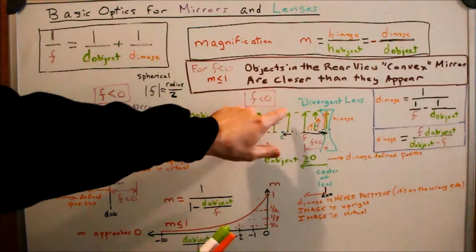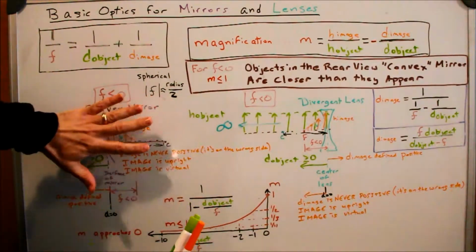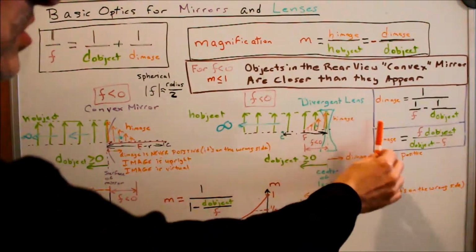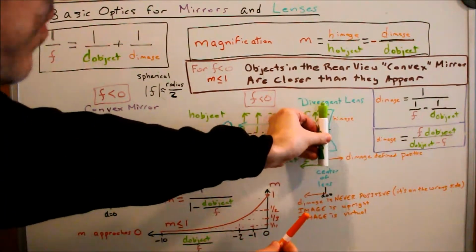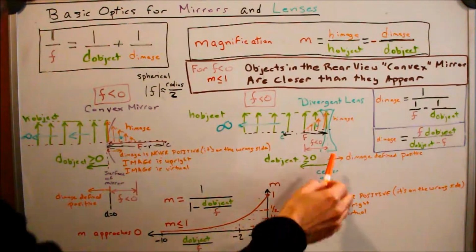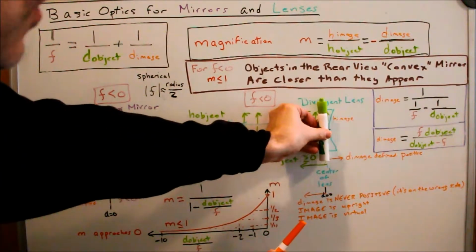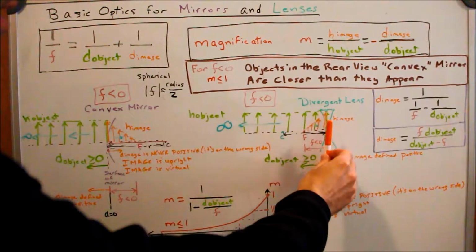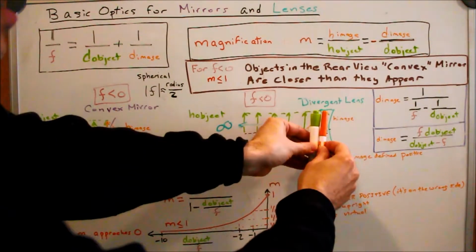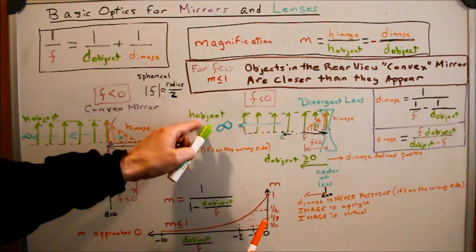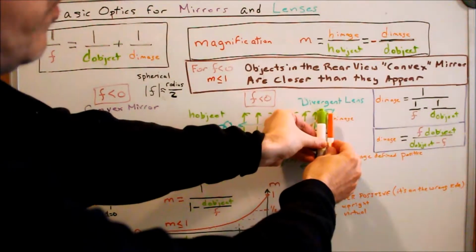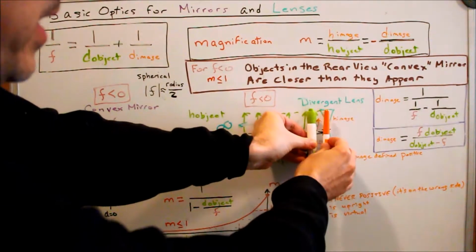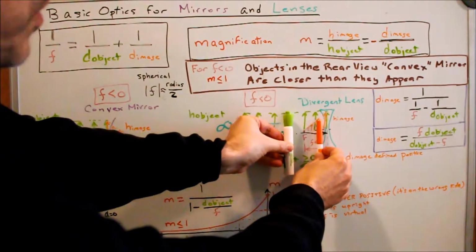Now a divergent lens, which also has a focal length less than 0, is going to have basically the same results as this. The only difference is that image distance is measured positively on this side. The 0 for a lens is the center of the lens. If the object is right up against the center of the lens, the image will also appear right on that center at a distance of 0, and the height of the image will be the exact same height as the true height of the object. As I start moving the object farther and farther away from the center line of this lens, the image will start getting smaller and smaller.